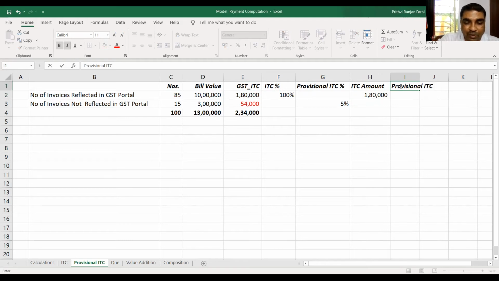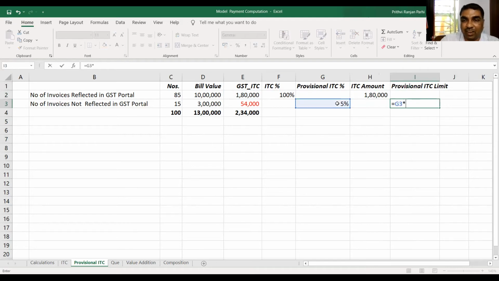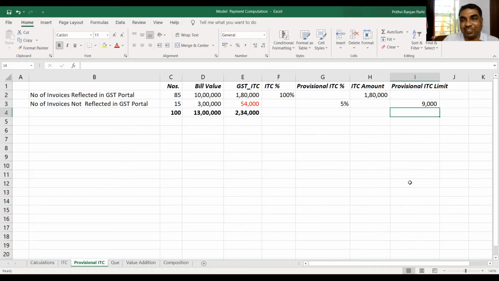Provisional ITC amount means it is a limit. That is the maximum you can take. 5% of 1,80,000, so 9,000. Okay. But how much ITC are you already having? 54.